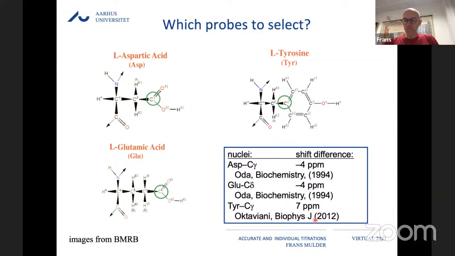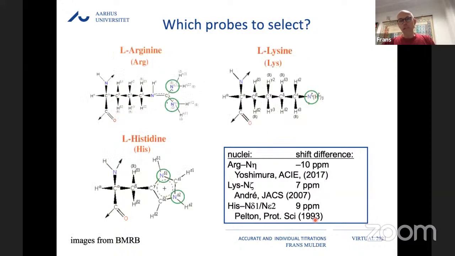that was published some years ago. For the basic side chains, we follow a similar rationale, so get as close as possible to where the action is. That means for lysines, one follows the N zeta. For histidines, one can follow the nitrogens in the ring. Those have huge shifts. And for arginines, that turned out to be quite challenging.